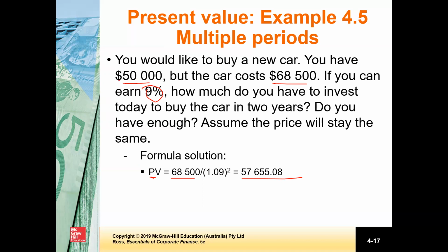However, you have only $50,000, which means that you do not have enough, right? So you are short by $7,655. Okay, so if you add this to your investment and invest for 2 years, then you can have $68,500 in 2 years' time to buy the car.